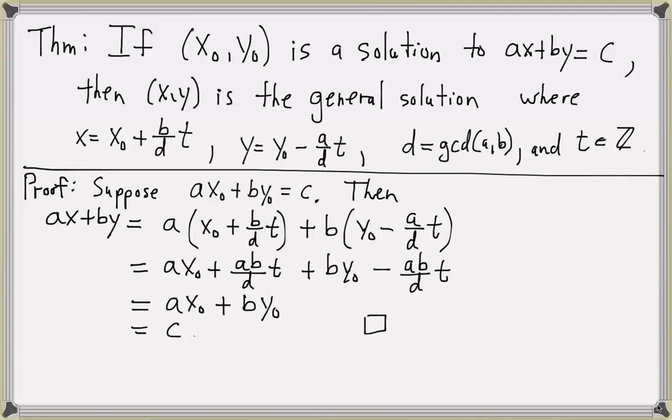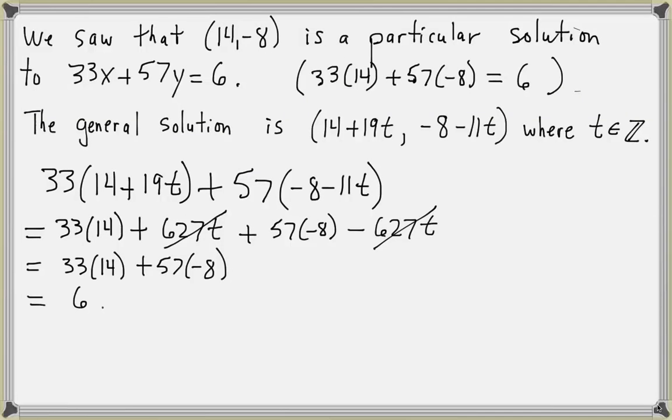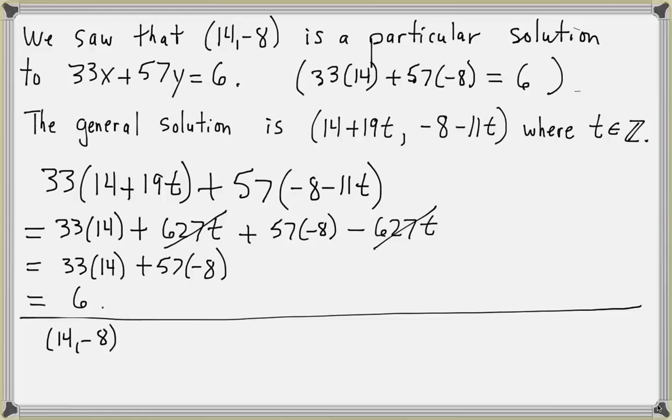Now let's look back at the previous example. I demonstrated that (14 plus 19t, negative 8 minus 11t) was the general solution to this linear equation. But now I'm going to show you how I got this using the theorem we just proved. We see that (14, -8) is our particular solution. We saw that d, the greatest common divisor of 33 and 57, is 3.